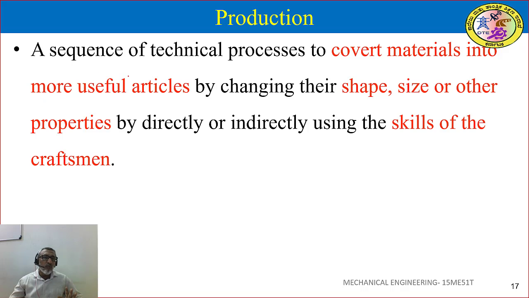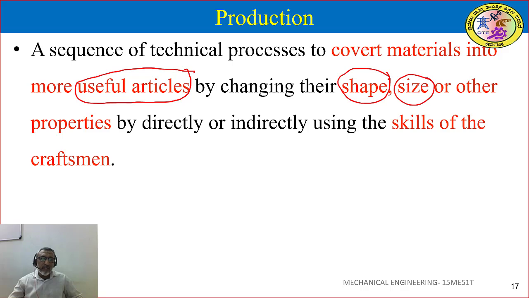It has made it more useful. At every stage, the articles are made more useful, and this is done by changing the shape of the material, sometimes the size of the material, sometimes other properties. For example, in heat treatment, there may not be a change in shape and size, yet properties are changed internally.